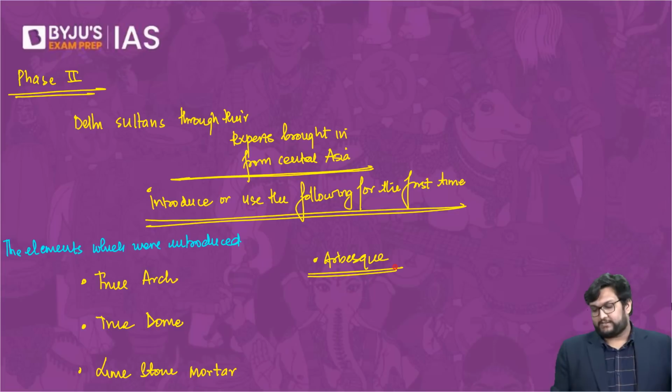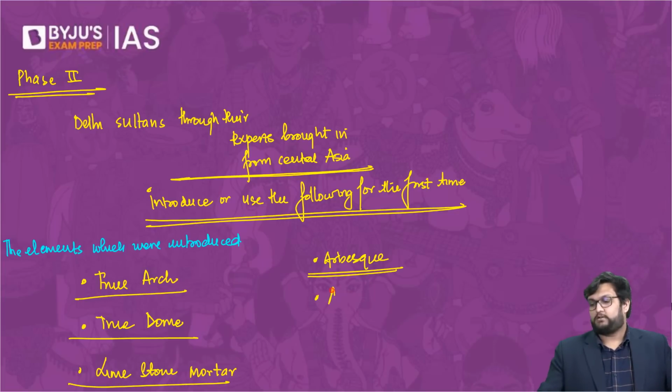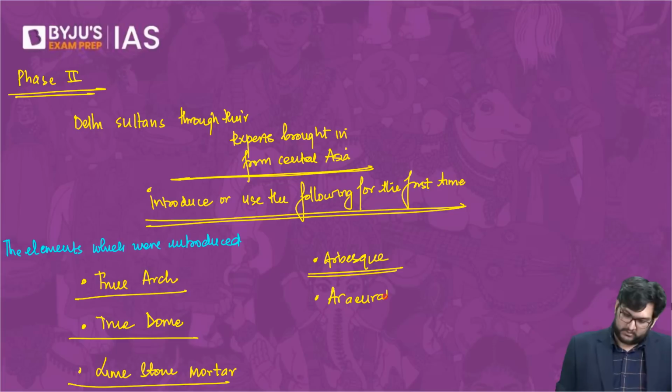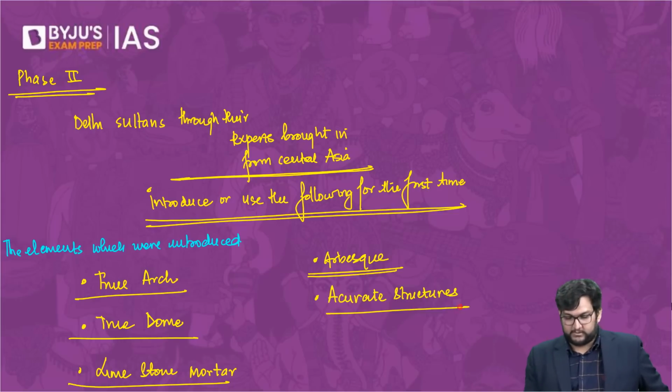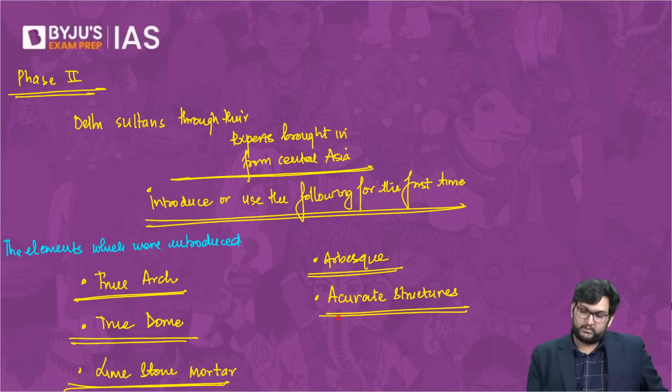Now I have to discuss with you arcuate structures. I have to discuss with you all of these 4 or rather 5 elements.